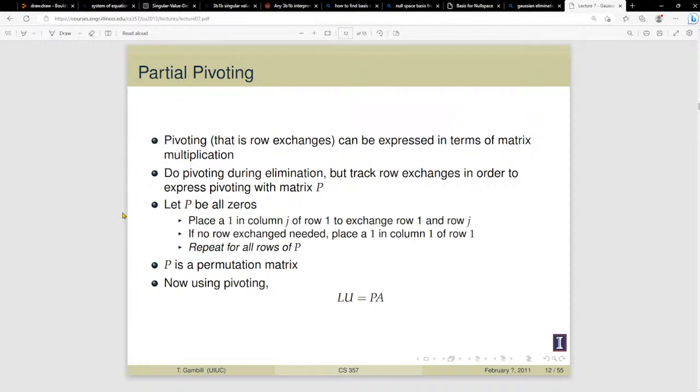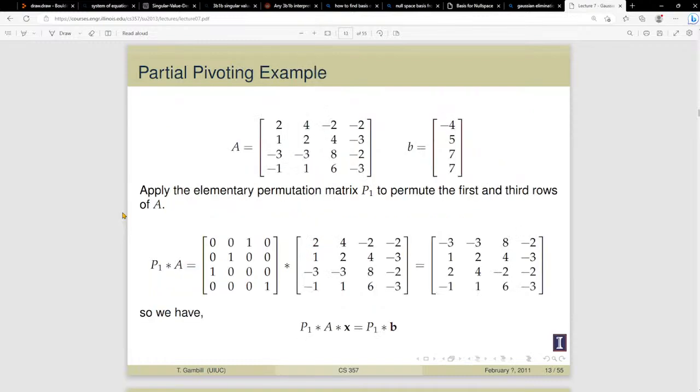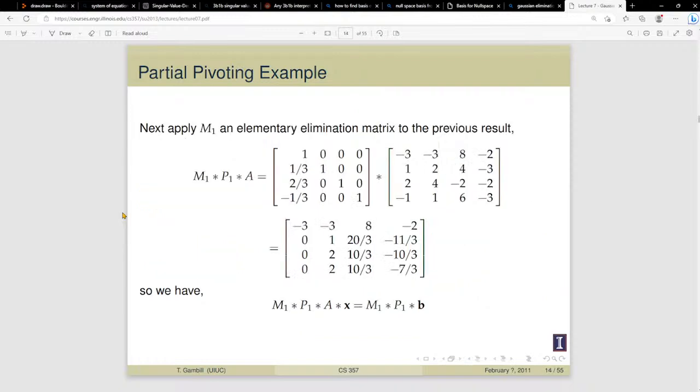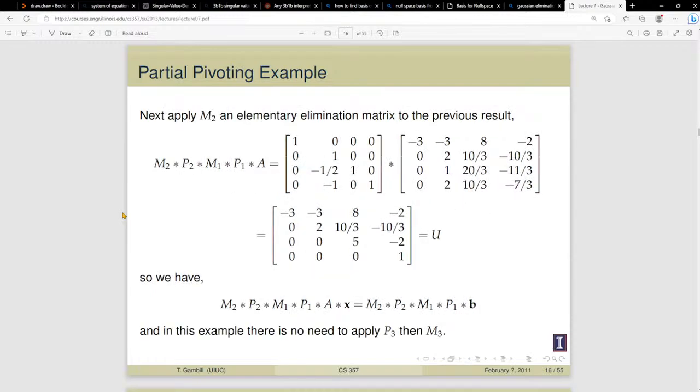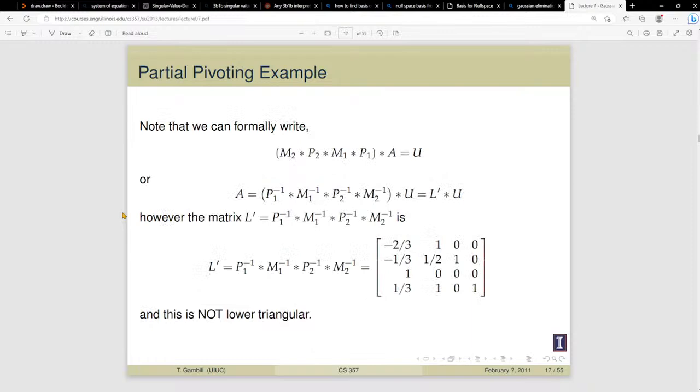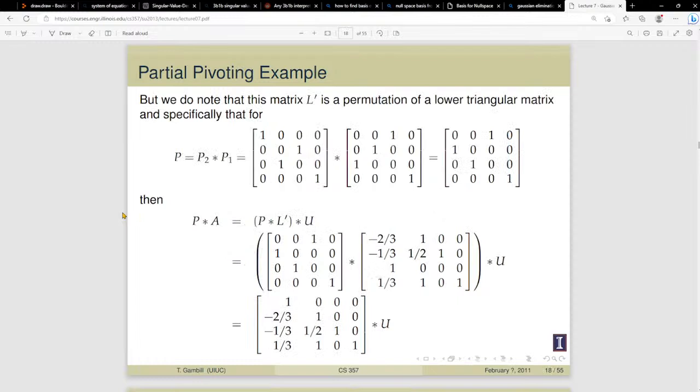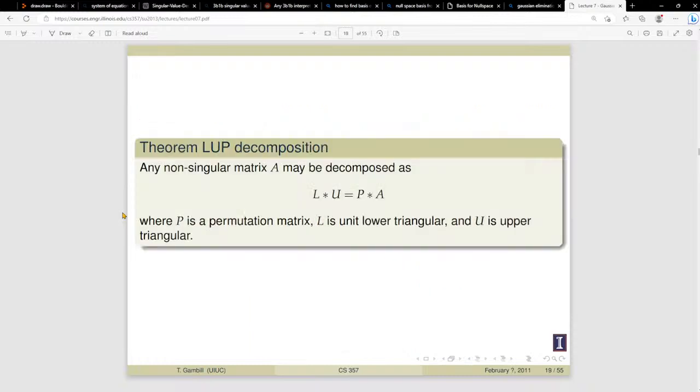Do pivoting during elimination with track row exchanges in order to express pivoting with matrix P and P zeros. Yeah. Interesting.